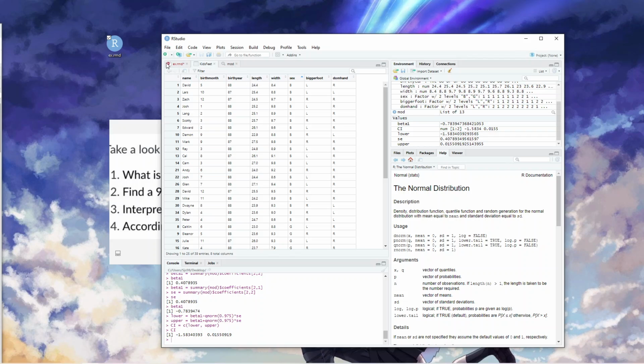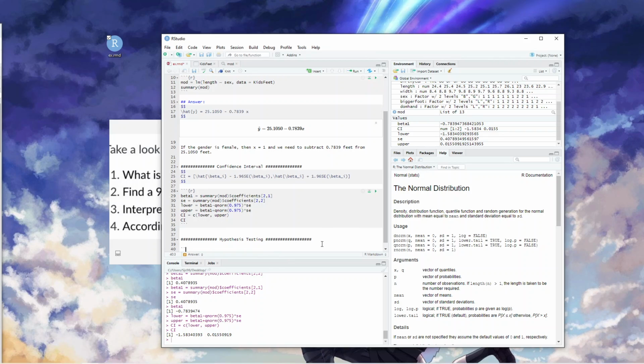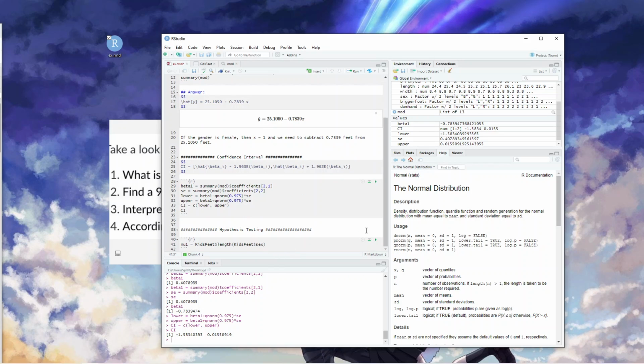So we want the length, right? So we want the length when my keys feed sex, oh, I know what's wrong. I need to put in the coding section. That's why I don't get it. Let me double check. Okay, now I have this. When this equals girl, then that's my mu1.